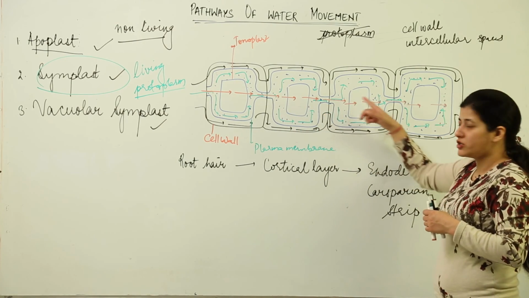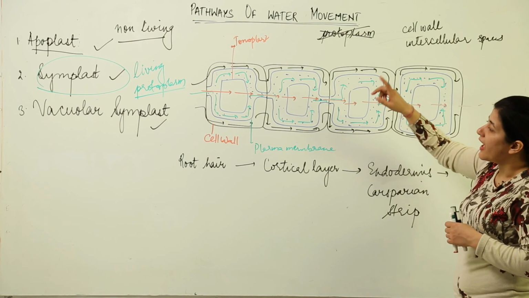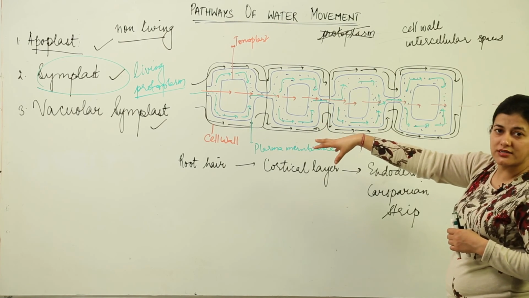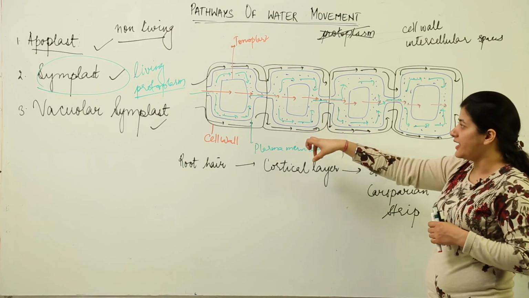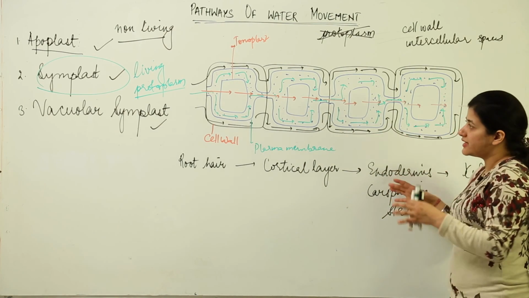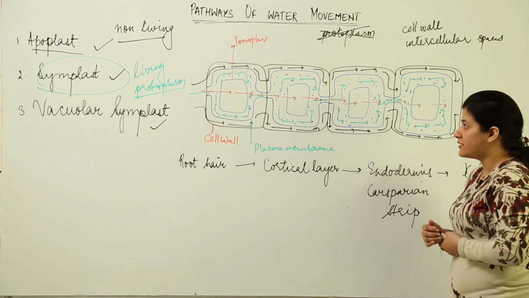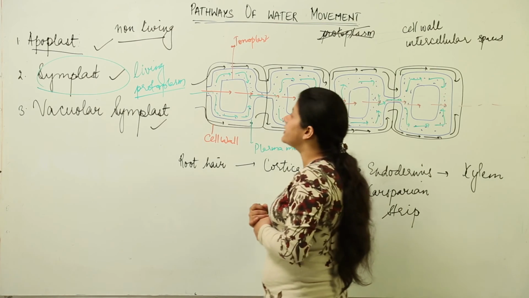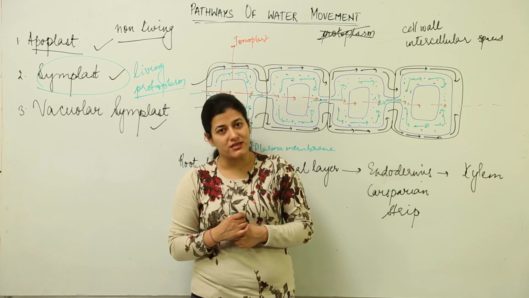Through that the water movement will take place. The green arrows represent the symplastic pathway, and the last one is the vacuolar symplast, where the vacuoles, which include the cell sap inside, and the individual cell would act as an osmotic entity and the passage of water would take place. So this is all about the various pathways that are involved when the absorption of water takes place by the root.